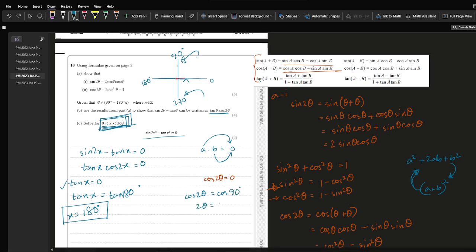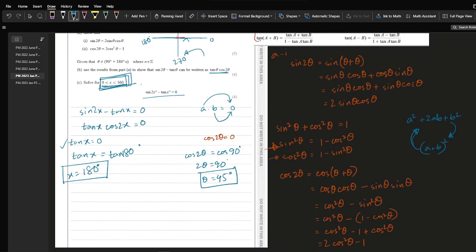So 2 theta is equal to 90, theta is equal to 45 degree. Let's put a box around it and then do it again, since we have another one. Cos 2 theta is equal to cos 270 degree. So 2 theta is equal to 270 degree. Theta is equal to 270 divided by 2, so 135 if I'm not mistaken.